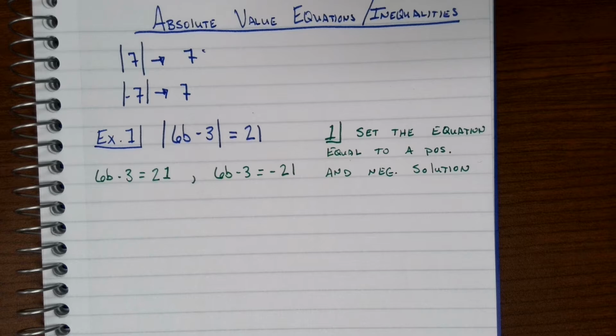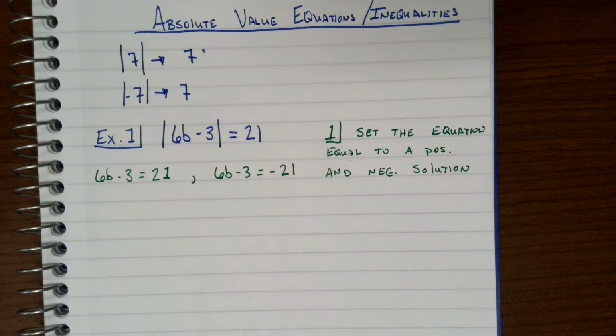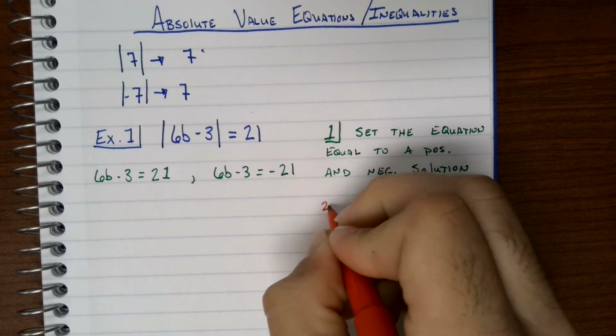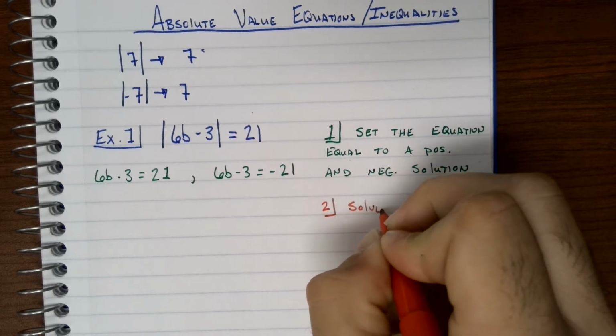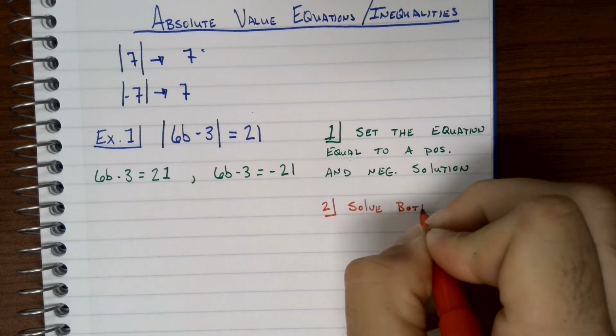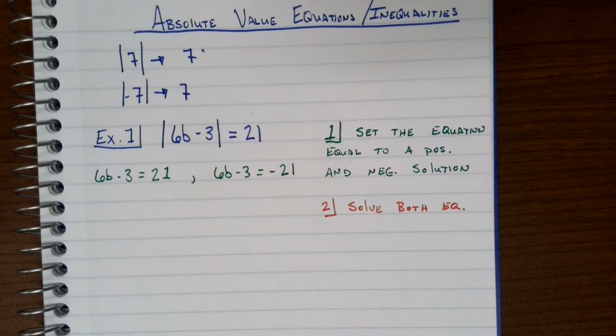So we're going to have two different solutions here with absolute value. In the second step, we're going to solve both equations, using our rules.